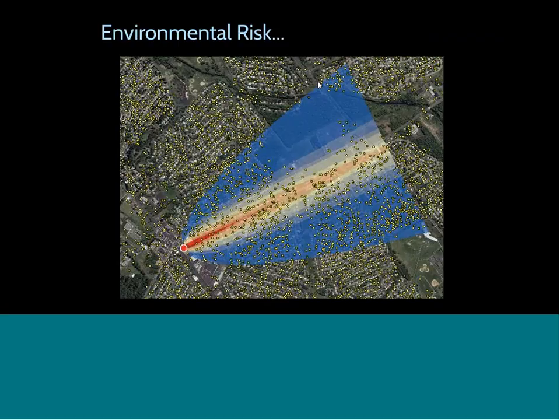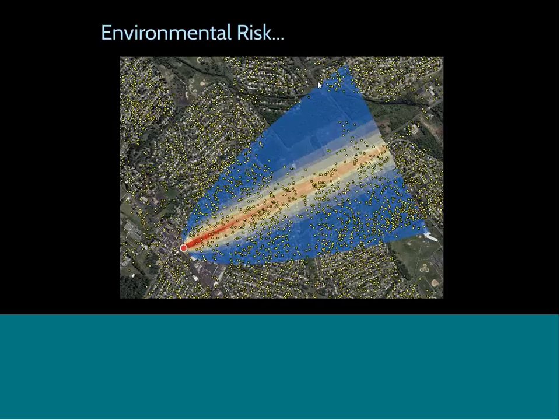And finally, another application is environmental risk. So in this case, we created estimated plumes of groundwater contamination around gas stations throughout the U.S. I think we had about 40,000 gas stations. And we created these plumes depending on different amounts of releases from underground storage tanks and the duration of the release.